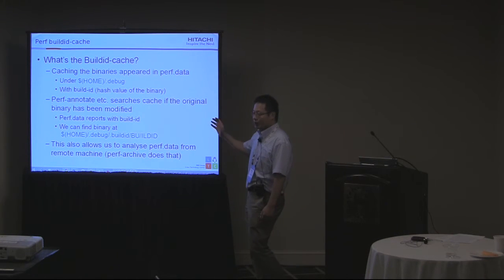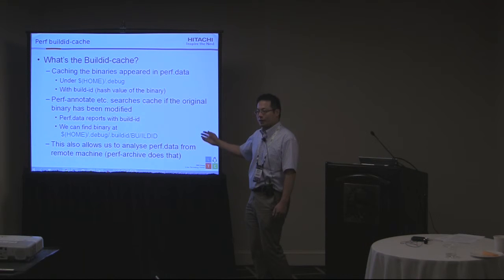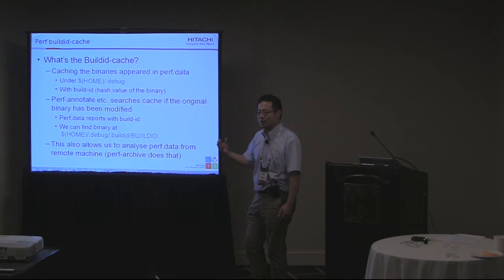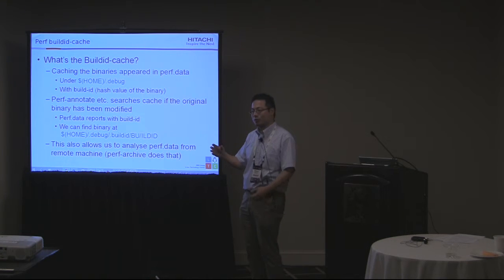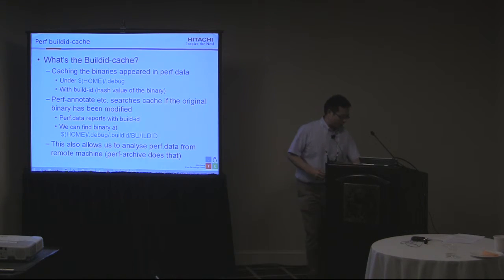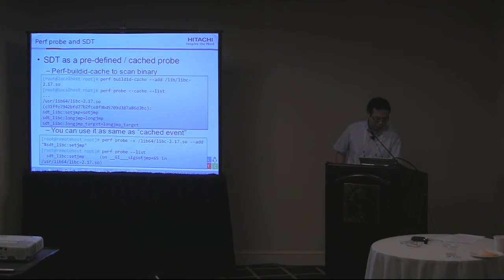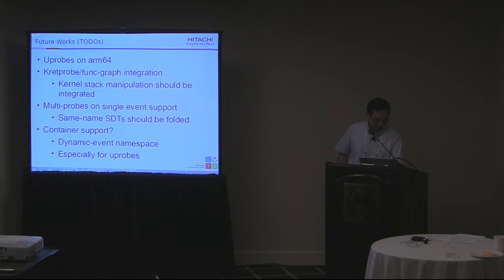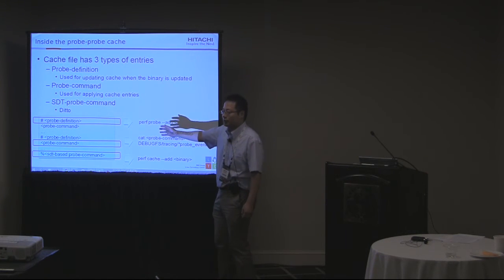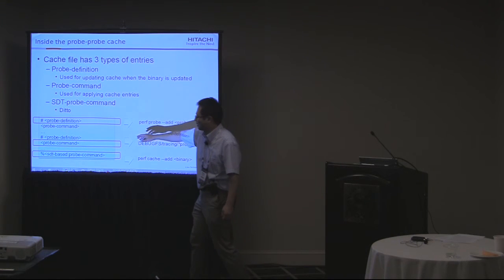Actually, the build ID cache itself holds the entire binary information, but the cached probe description is stored in another file, the probe file. That probe file I show you here, like this. It's just a text file with definitions.